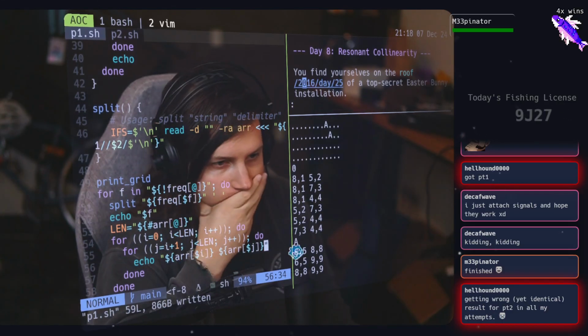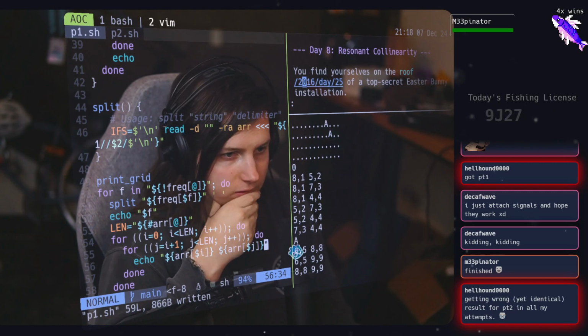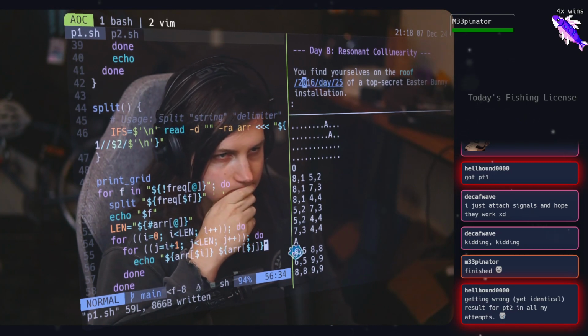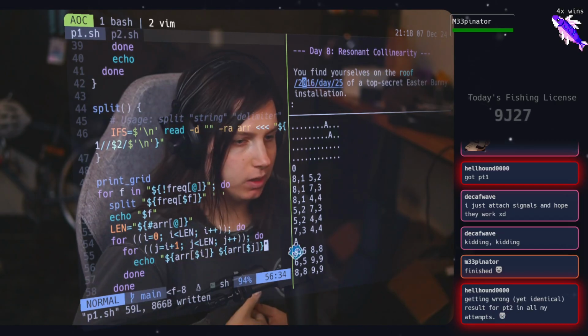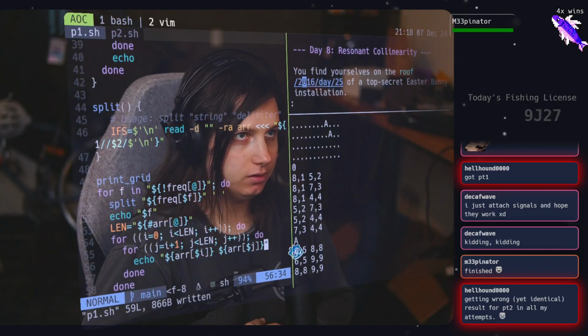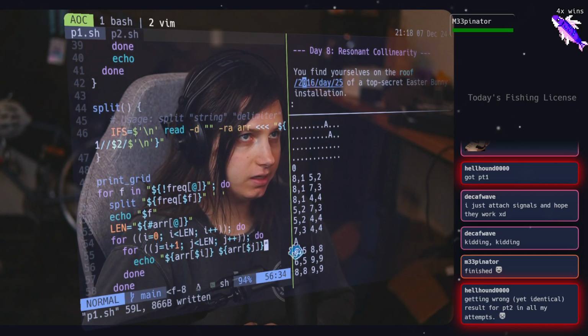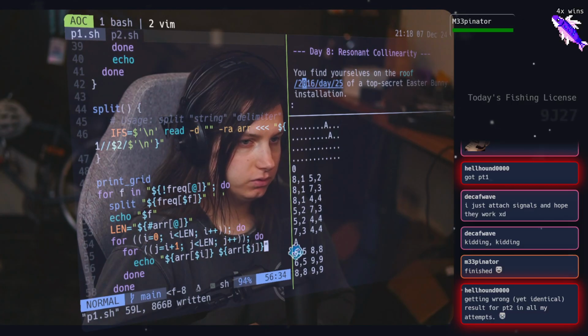Is it right? Are there only 3 pairs for the 3? Actually, do we want the duplicates just so that we can make 1 antenna per pair?